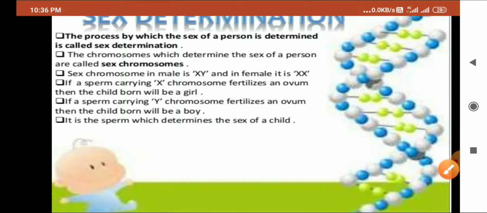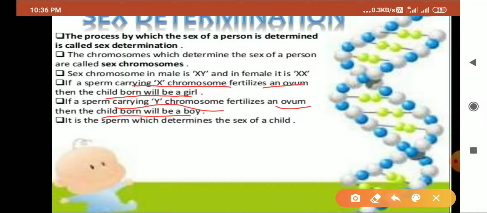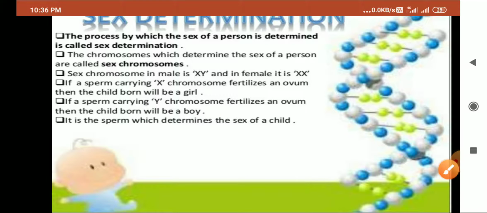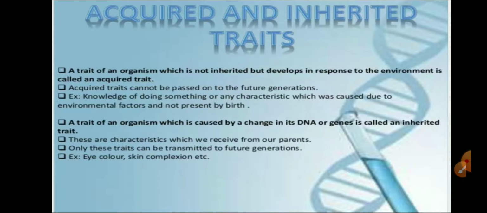If a sperm carrying an X chromosome fuses with the ovum, the child will be a girl. If a sperm carrying a Y chromosome fuses with the ovum, the child will be a boy. So it is the sperm that decides the sex of the child, male or female. So the male is responsible for the sex of the child.